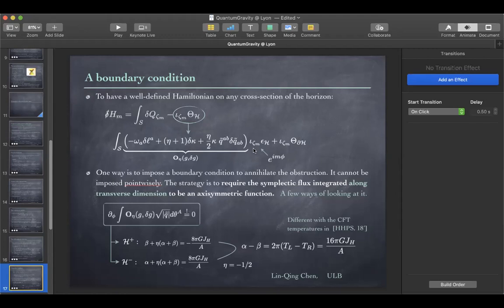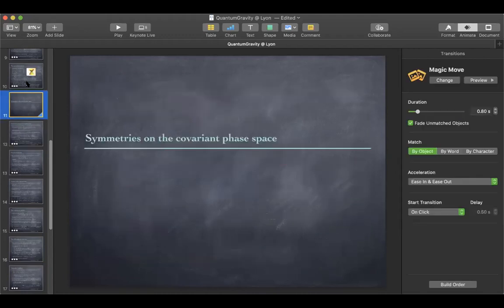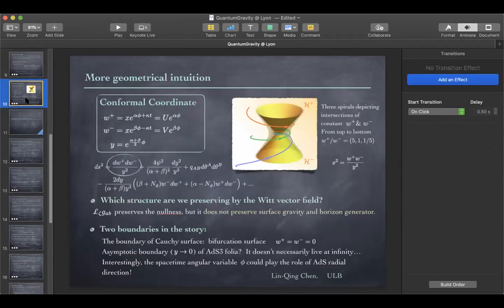Yes, but I'm confused as to the algebra of which vector fields you're looking at, because the vector fields that preserve the geometry that you fixed will be field dependent, right? Can you actually consider them to be independent? Here the zeta, the weight vector field, is only preserving the leading order piece of the asymptotic AdS3 foliation. They don't preserve the geometry, that's the whole point. They only preserve the horizon being null.